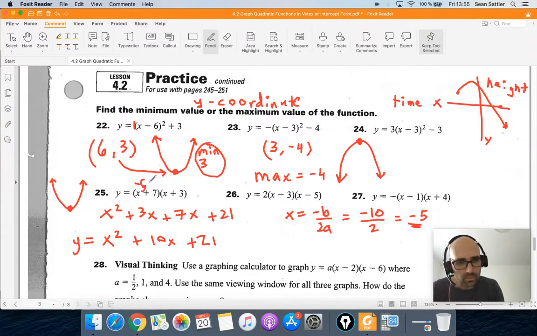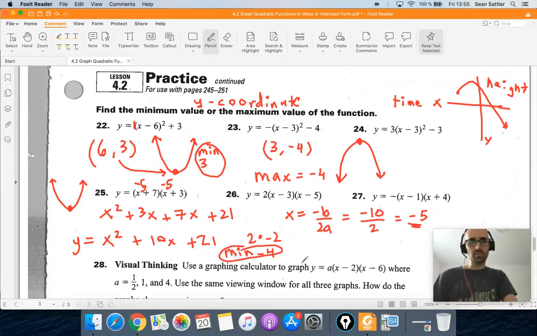Plug in -5 here and here. Negative 5 plus 7 is 2. And then parentheses means times, so negative 5 plus 3 is negative 2. So our y-coordinate is negative 4. Okay, so that's going to be our minimum. Minimum value is negative 4.